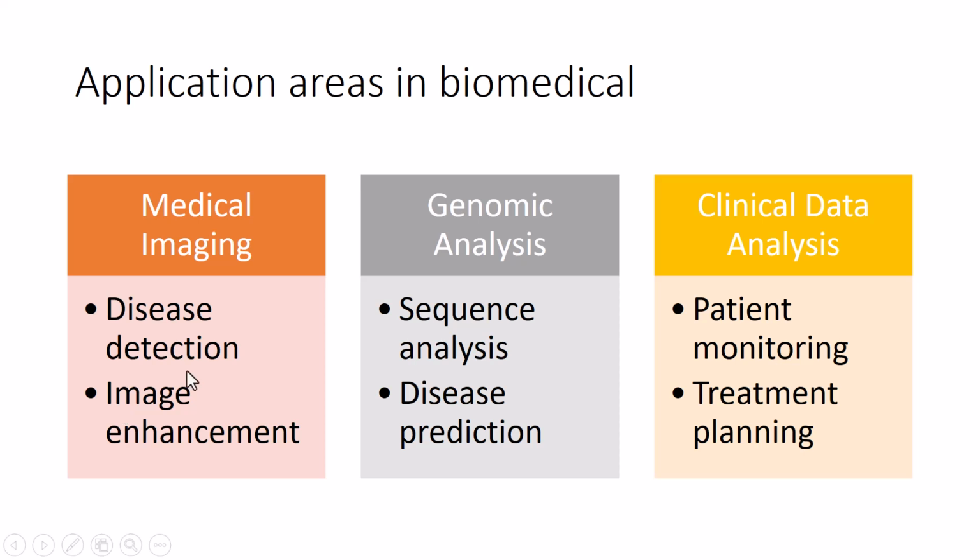And when it comes to genomic analysis, very interesting topic, high scope for research. They are involved in sequence analysis. DNA is a sequence of patterns. Every one of us will have a DNA pattern. That's how they are able to identify, just with a drop of saliva or a drop of blood. If they do a DNA analysis, they can match the DNA.